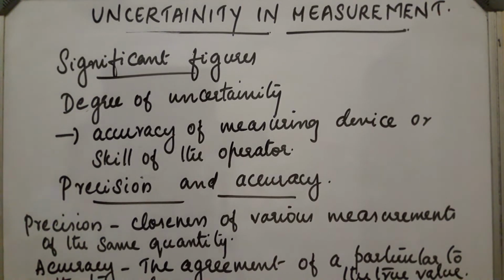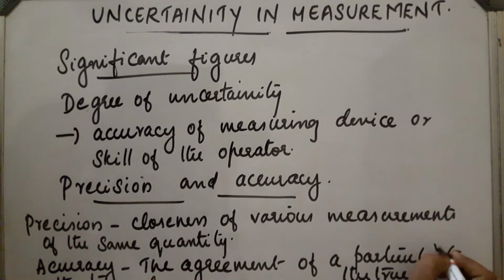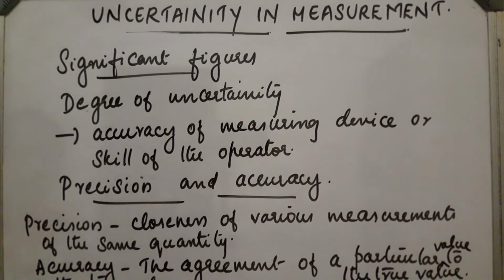So the agreement of a particular value to the true value is called accuracy.